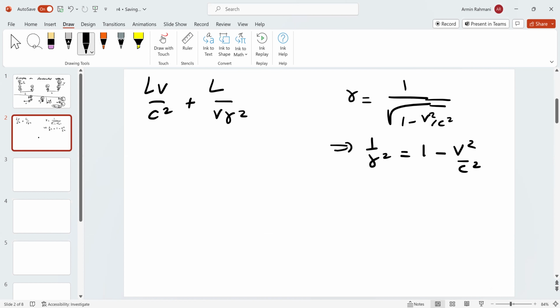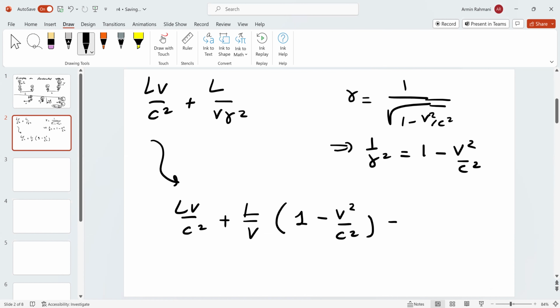So then this time becomes LV over c squared plus L over V times 1 minus v squared over c squared, which is LV over c squared plus L over V minus LV over c squared, they cancel out. So that is indeed equal to L over V.